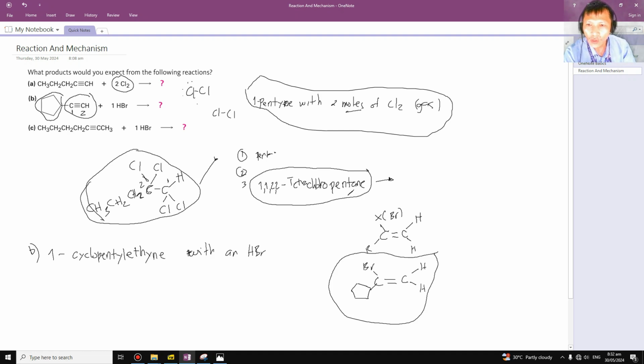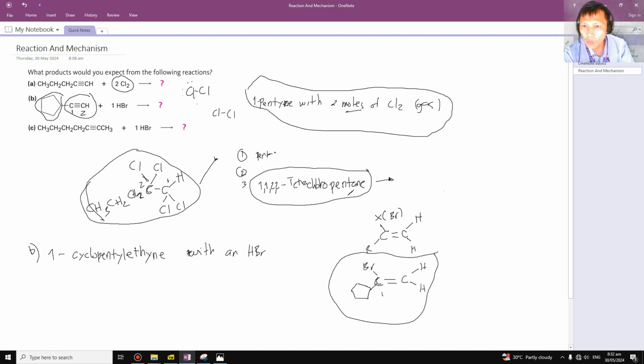So the name of this one would be an ethene, a bromoethene. So that would be steps 1 to 4. This would be carbon number 1 because there are branches here. So this is carbon number 1, this bromine would be bromo, and this one is cyclopentyl. So bromo would be first.